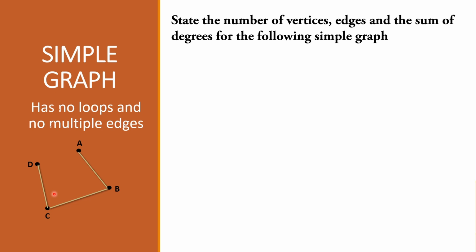Let's see an example. State the number of vertices, edges, and the sum of degrees for the following simple graph. We already learned before how to find the number of vertices, edges, and the sum of degrees. Let's see the first one, number of vertices. This is our simple graph.